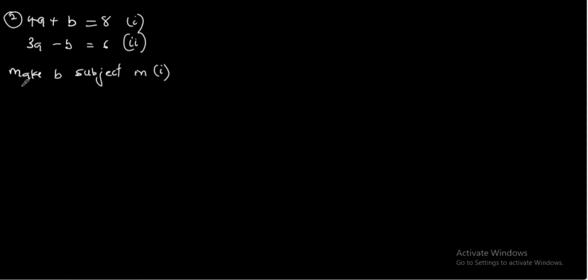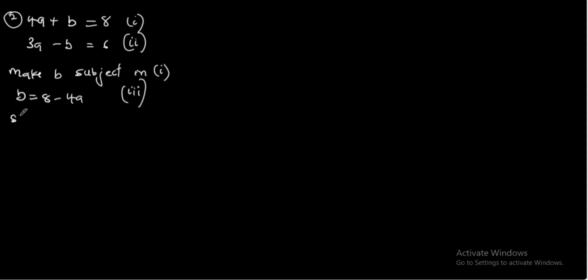So that I have b will equal, just take 4a to the other side, and it becomes minus 4a, right? So we can call this equation 3. Now, since I made b the subject of the formula in equation 1, I substitute this b in equation 2.